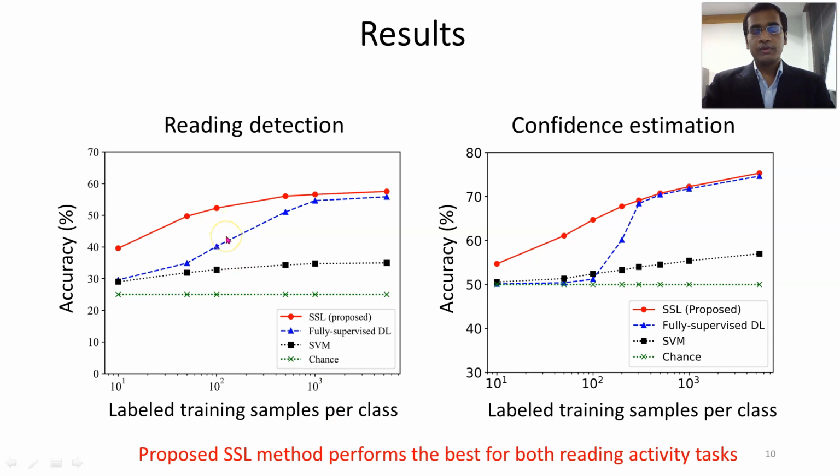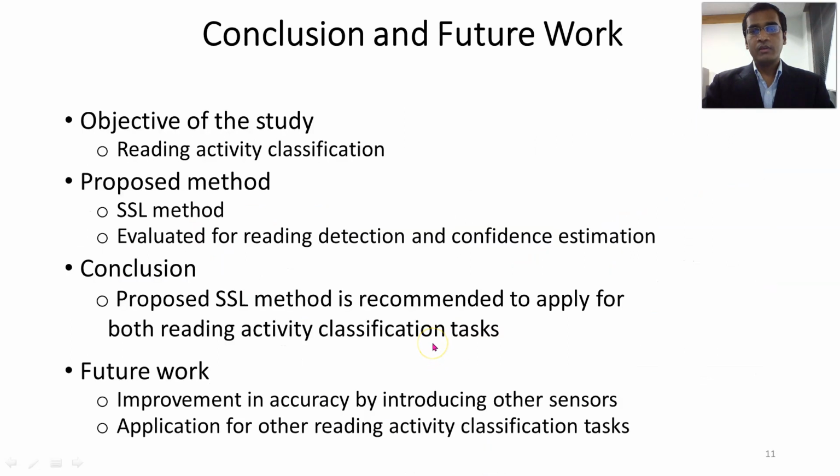The blue line shows the result of a fully supervised deep learning method. The black line shows the result of SVM, and the green line shows the chance rate. By analyzing results for both tasks, we can say that the proposed SSL method performs the best for both reading activity classification tasks.